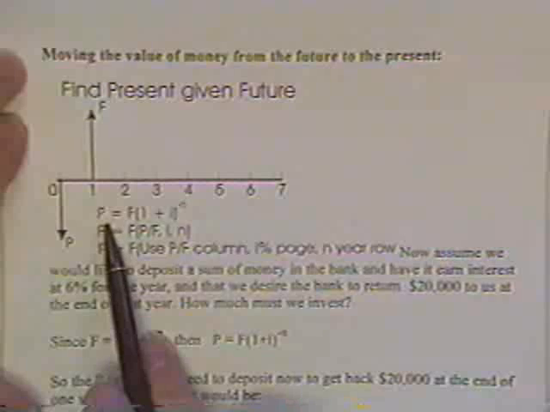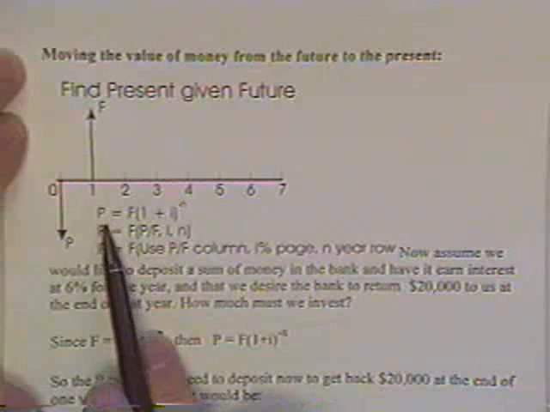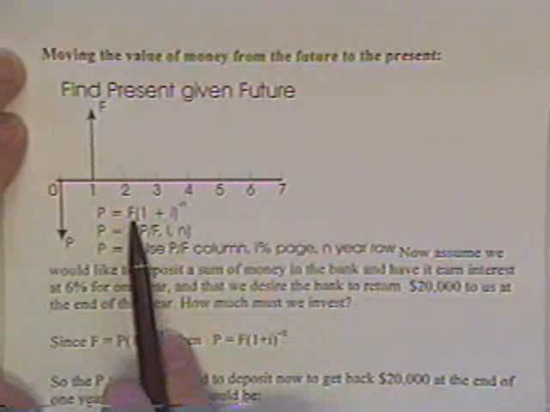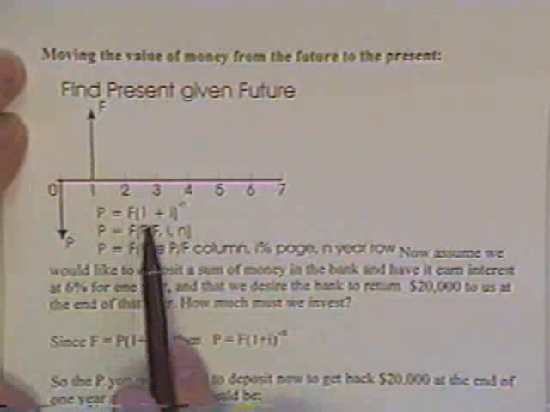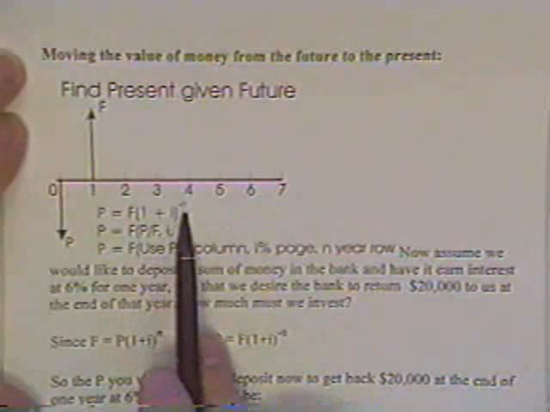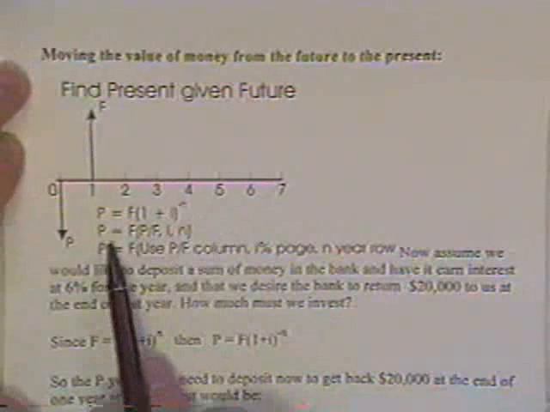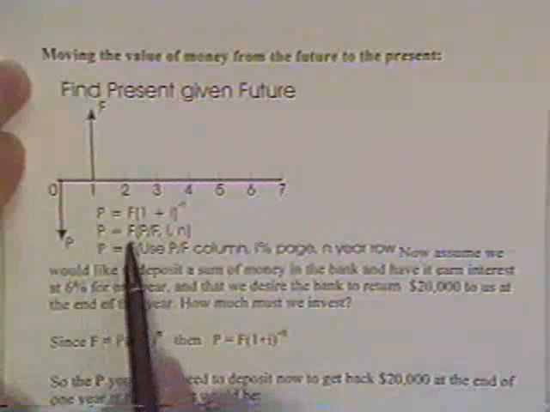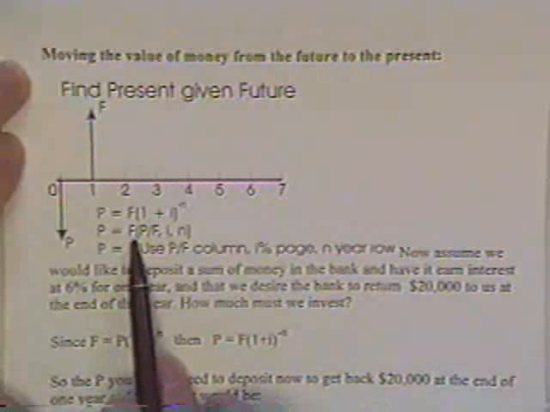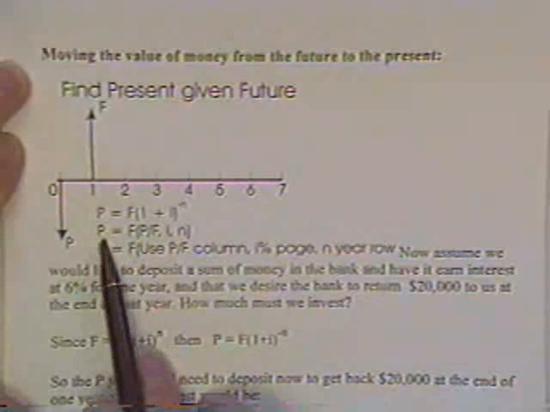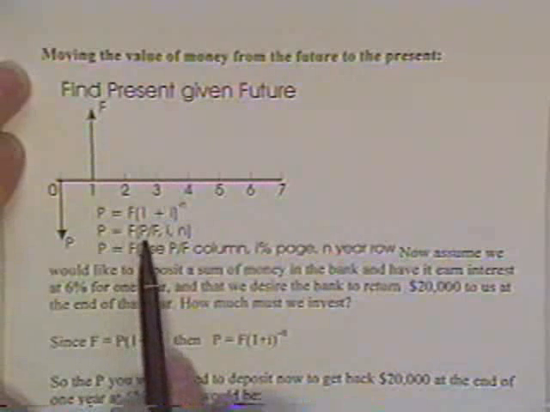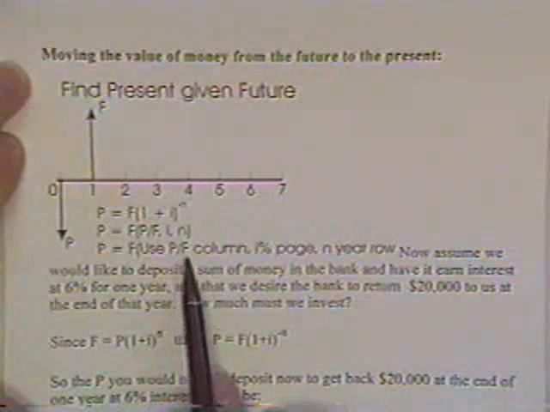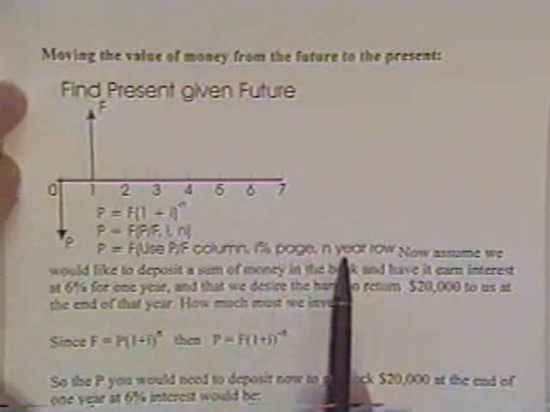The equation listed in your manual for this is that P can be found by multiplying the future amount that we know times (1 plus I) to the minus N. Or you can use the economics way, or the eco-speak way, by saying the future value can be transformed into the present value by multiplying times a factor found from the table, P over F. Use the P over F column, the I% page, the N year row.